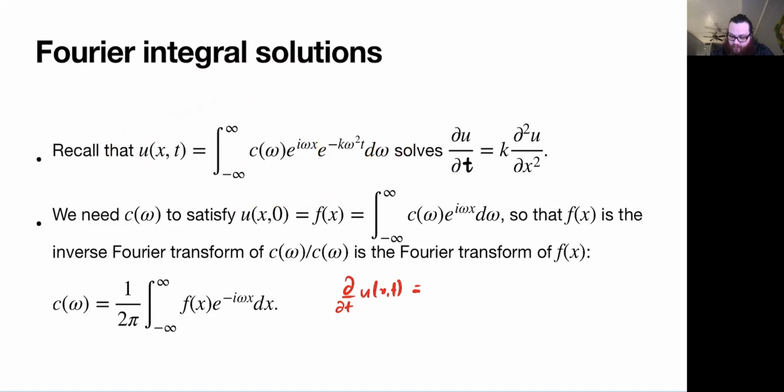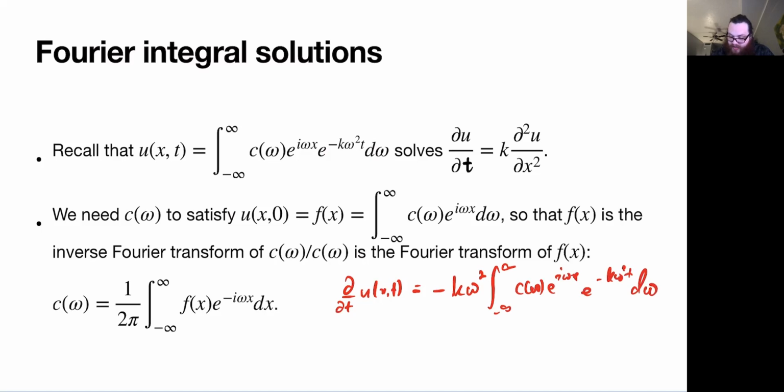So if you move this derivative in and take the time derivative, you're going to pick up a minus k omega squared, and then the integral from minus infinity to infinity of c of omega e to the i omega x, e to the minus k omega squared t d omega.